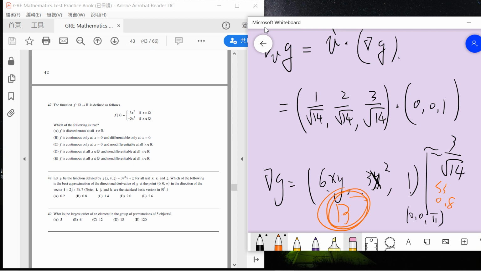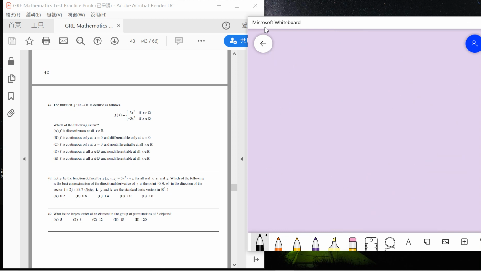49. 49 is also a tricky problem. Permutations of 5 objects form S5, so it has 120 elements, and he asks you about the largest order. So the difficult part is, what's the answer?